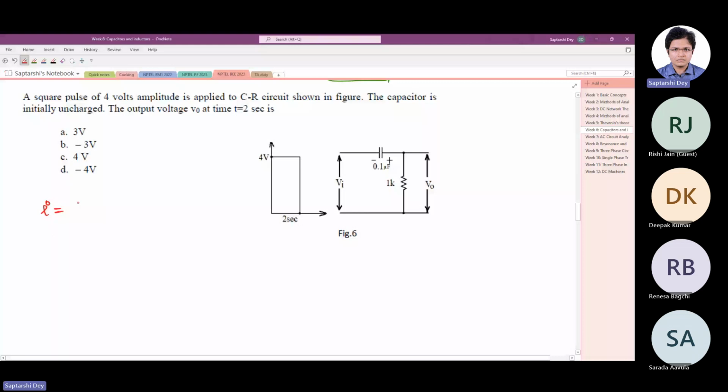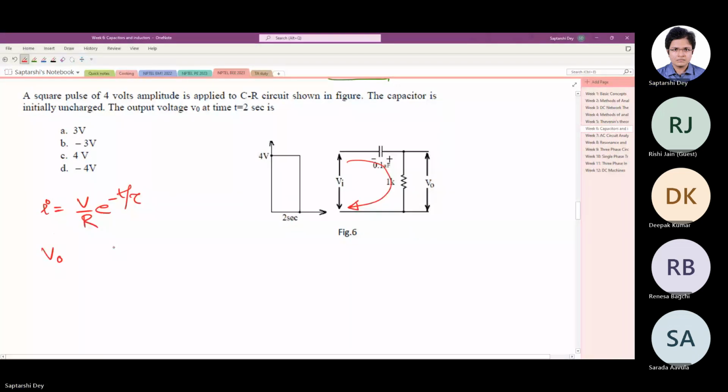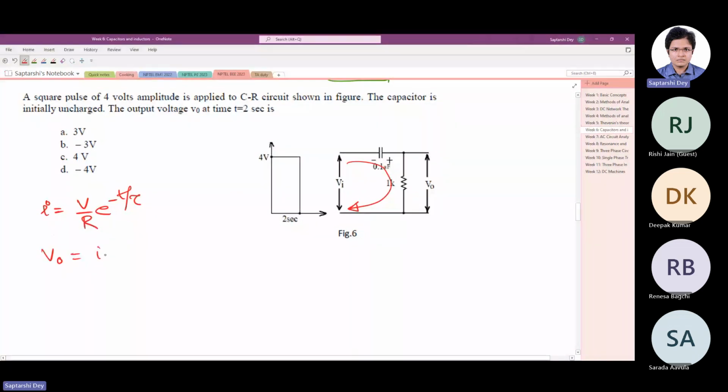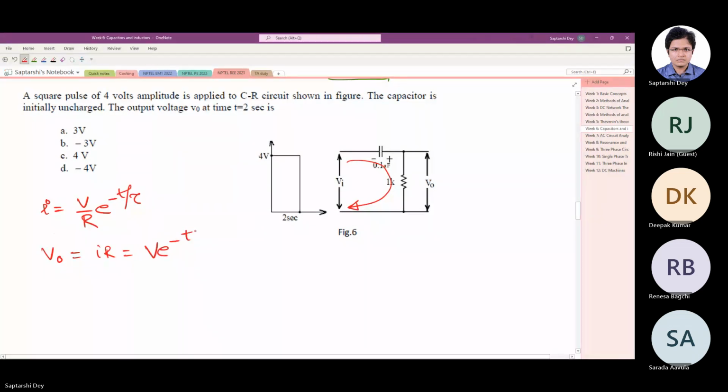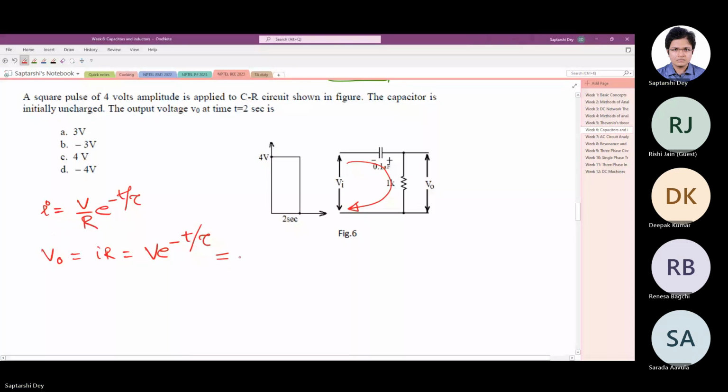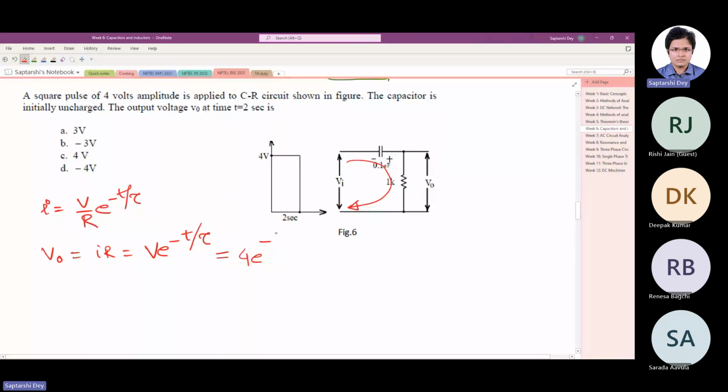Because here is the current, same R. So just IR, e to the power minus t by tau. Now you put what the question gives: 4 volt e to the power minus 2 seconds, and tau is RC.